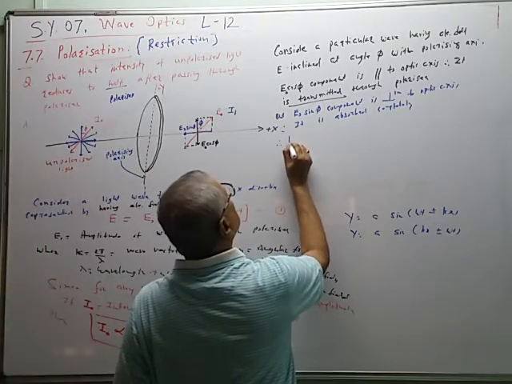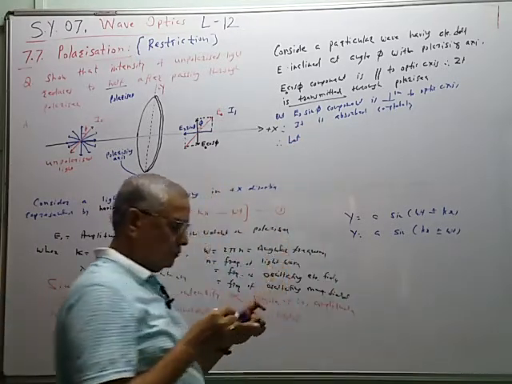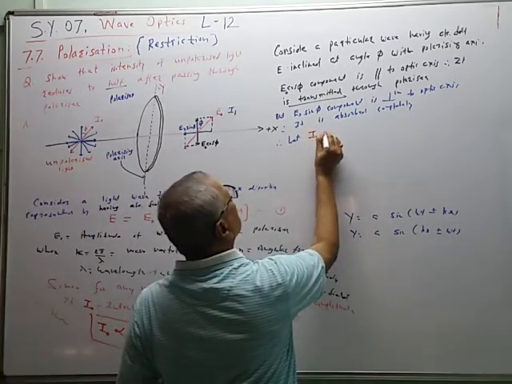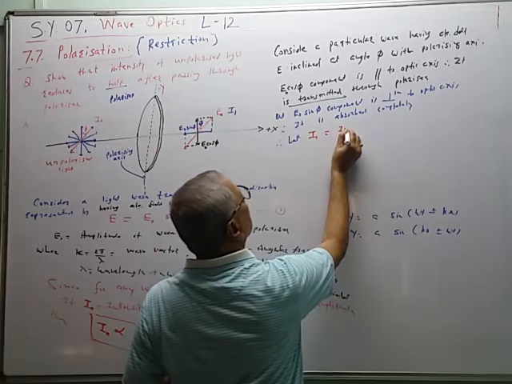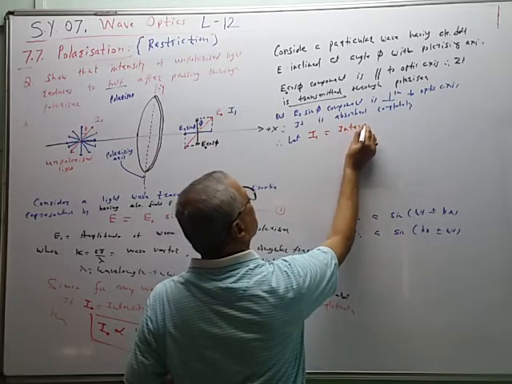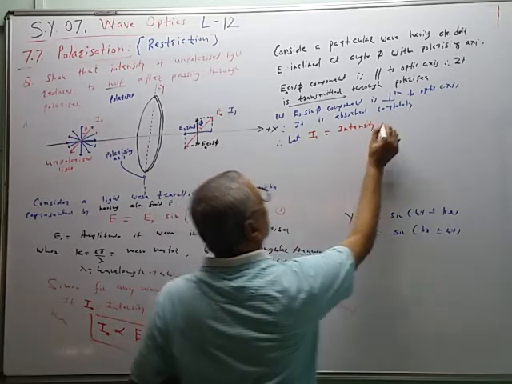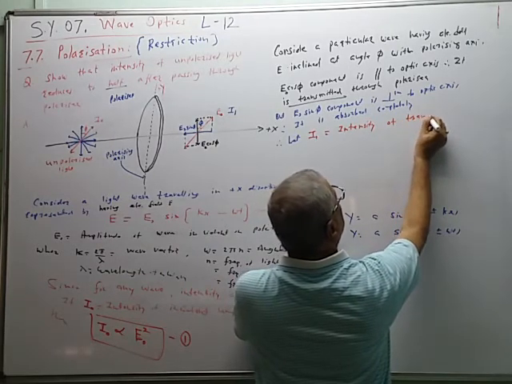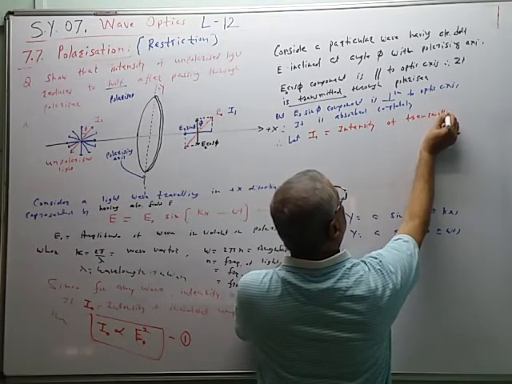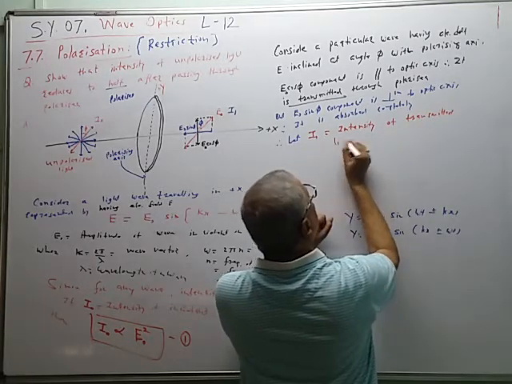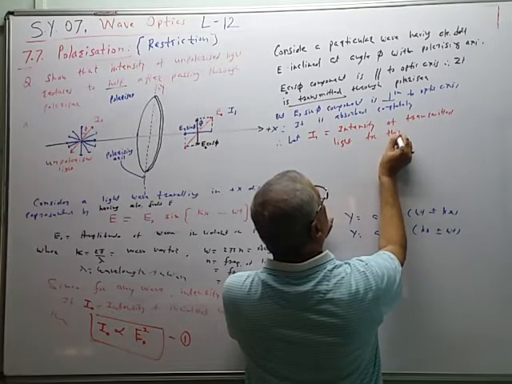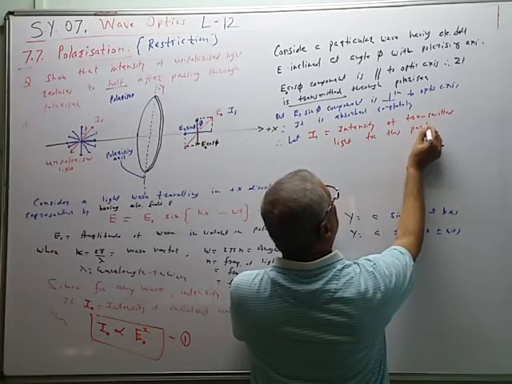Let I1 be the intensity of transmitted light for this particular wave.